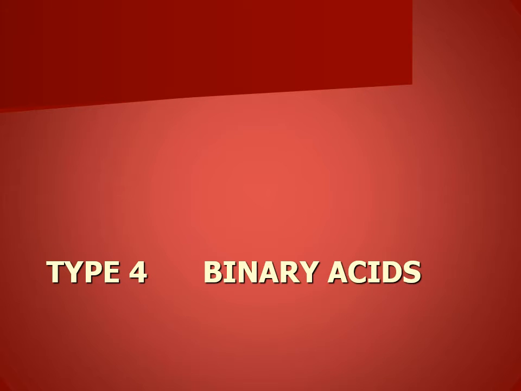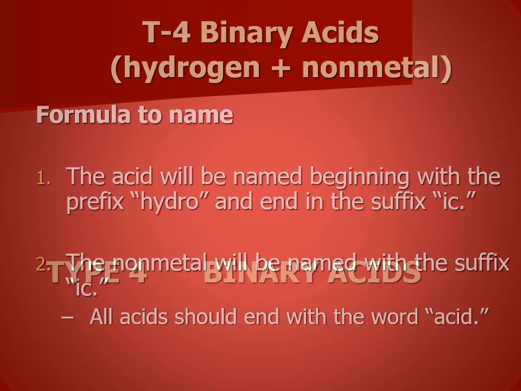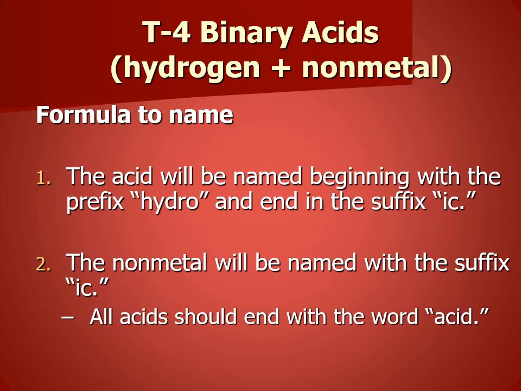Okay, we'll cover first the binary acids, so just type 4 binary acids, hydrogen combined with another nonmetal. Two elements only, binary. Okay, so if you want to go from the formula to the name, what do you do? Well, first of all, the acid will always begin with the prefix hydro, and it will always end with the suffix ic. So hydro something ic, right?